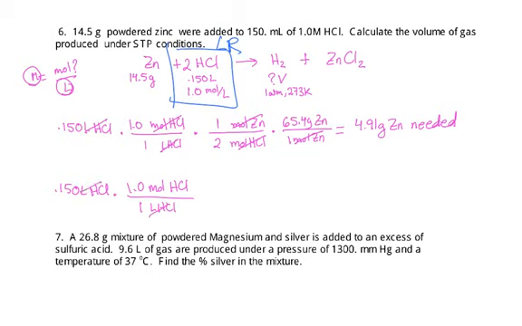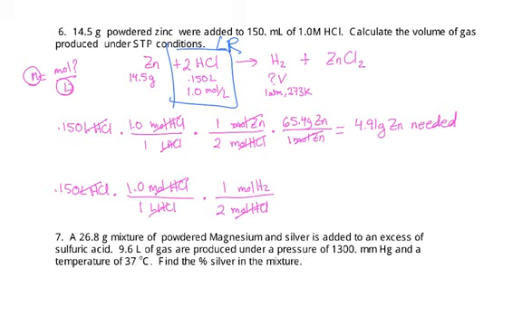That gets me moles of HCl. Next, I'm going to find moles of hydrogen, so I'm going to go from moles of HCl to moles of H2. And in this case, from the molar ratio, this is a 1 to 2 ratio. That gives me moles of H2.